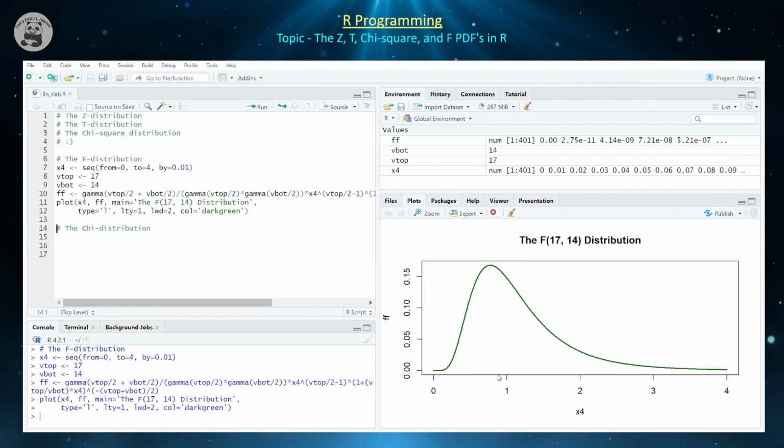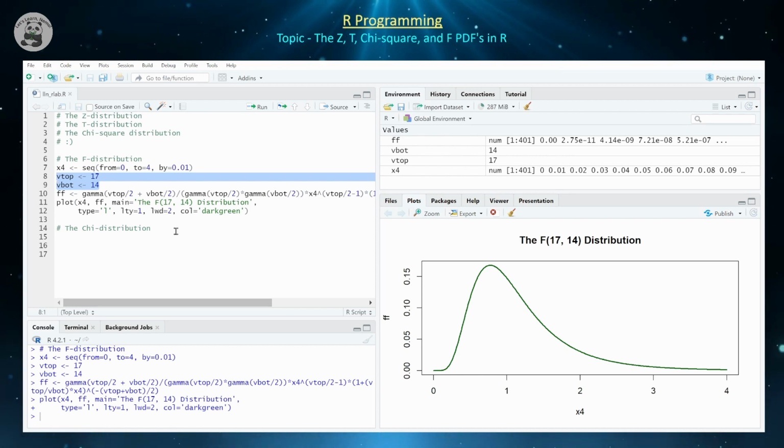It practically has the same exact shape as the chi-square distribution, but as I've already mentioned, it is supported on a smaller domain. And this is the F(17,14) distribution, which importantly is different from an F(14,17) distribution. So if you rearrange these degrees of freedom, you will get a different shape, right?